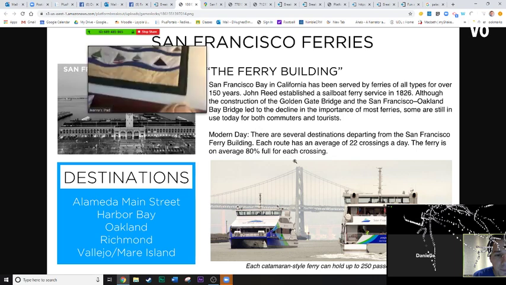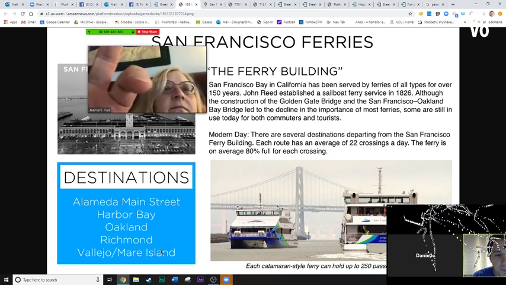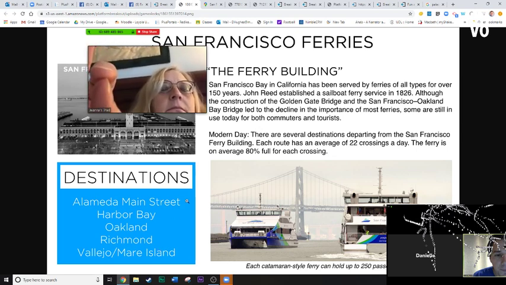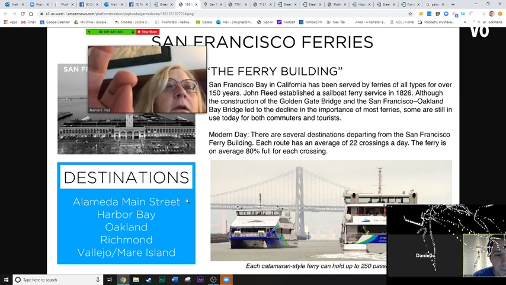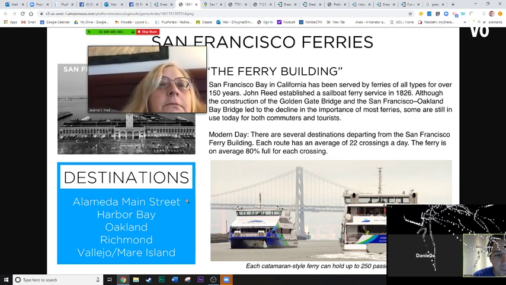Okay. So it's got to be destinations, right? No, it's math. Well, what math? It's like how many does the ferry hold, and 80% of that number times 22. Okay, so 250. I don't do math.